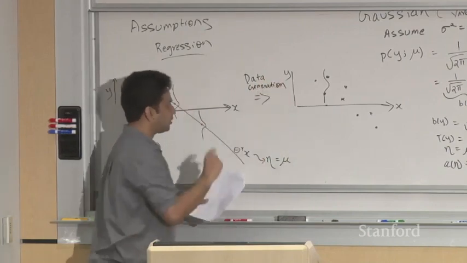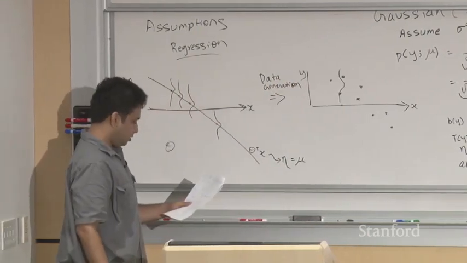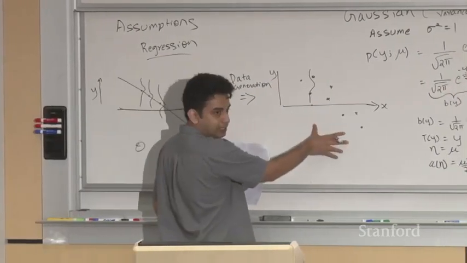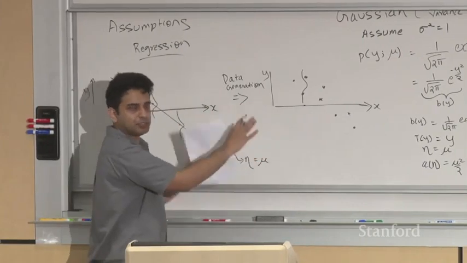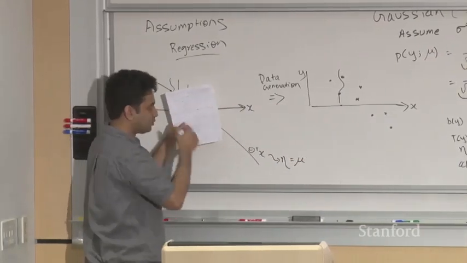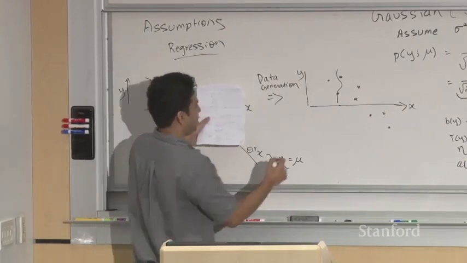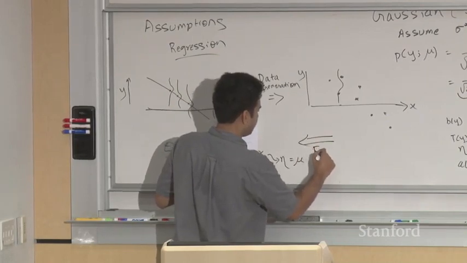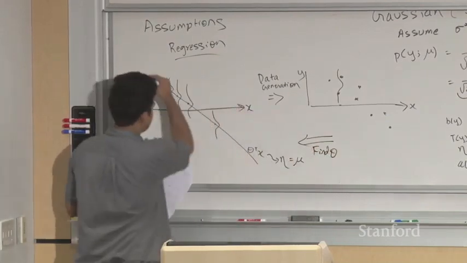Now, based on these assumptions, what we are doing with the GLM is we start with the data. We don't know anything else. We make an assumption that there is some linear model from which the data was generated in this format. And we want to work backwards to find theta that will give us this line.